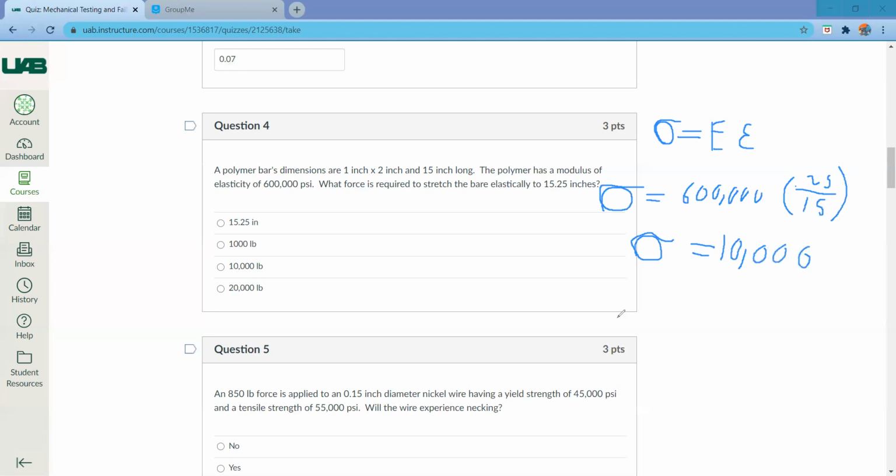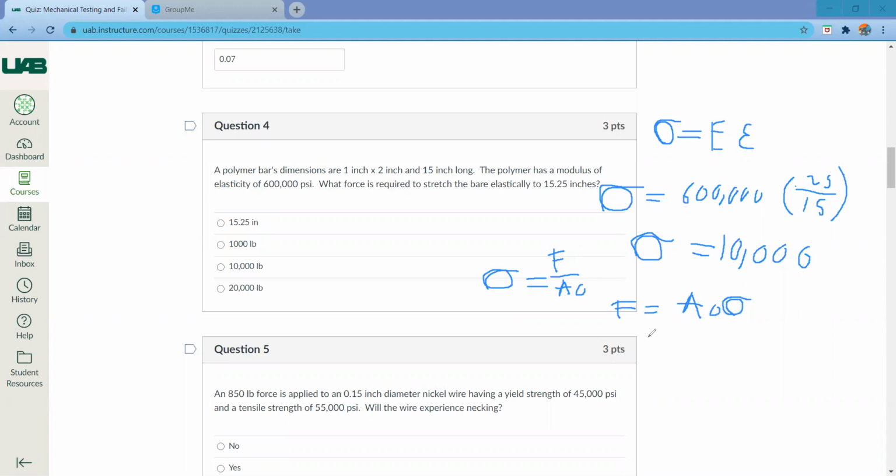Now we're asked for force. And we know that stress is equal to, well, actually, in this case, force divided by area. So that means that force is going to be equal to area times stress.